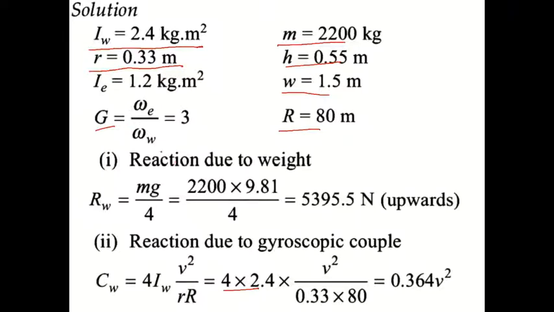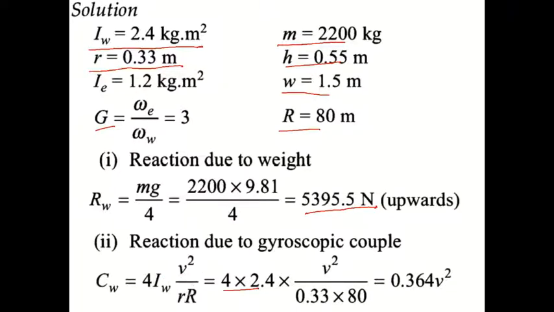First of all, we will find out the reaction due to weight, the self weight mg by 4. The mass of the vehicle is 2200 kg, so mass of the vehicle into 9.81 divided by 4, so we get Rw value. Then the reaction due to gyroscopic couple, the formula is 4I v square divided by r square R.